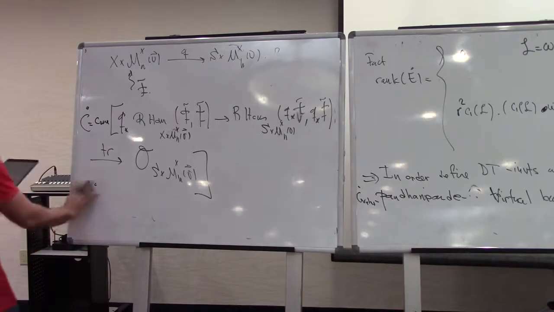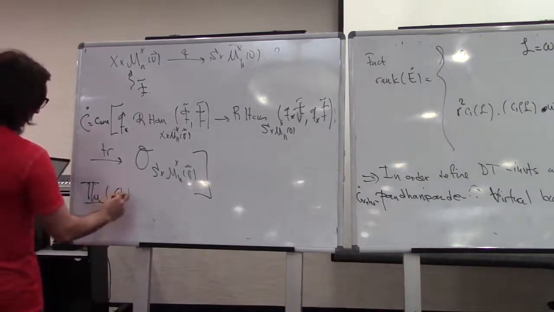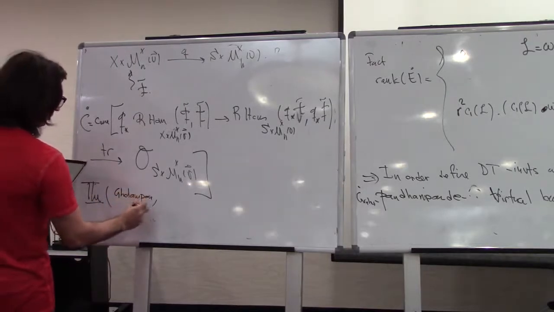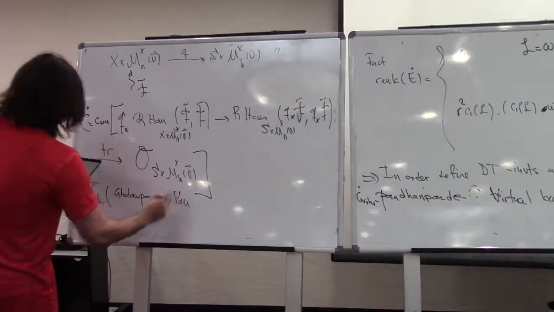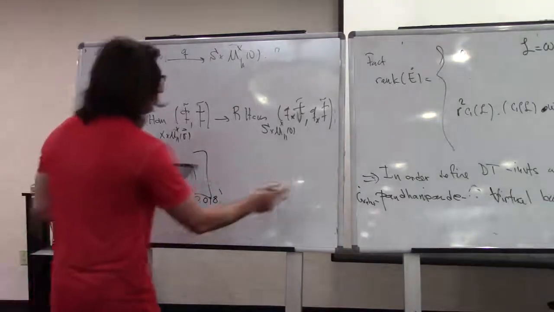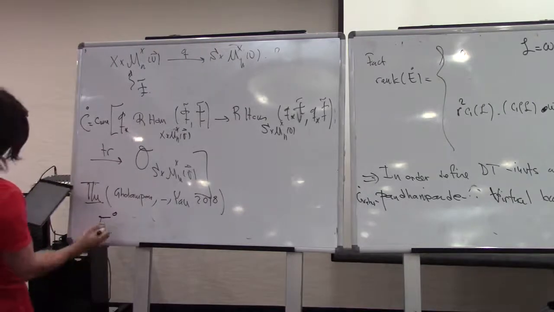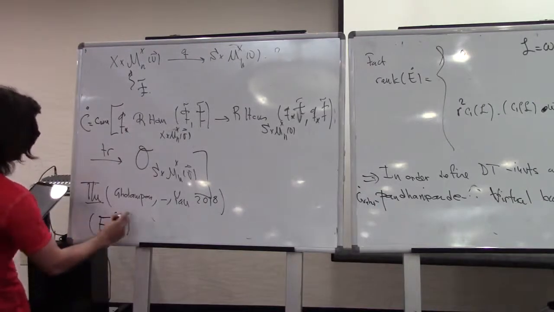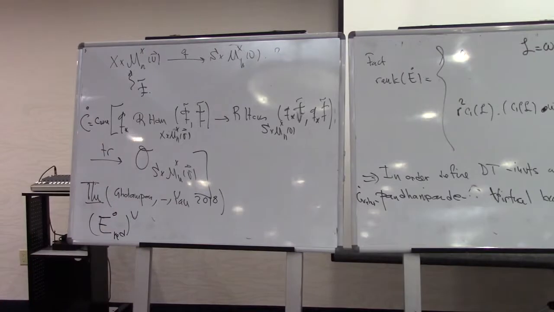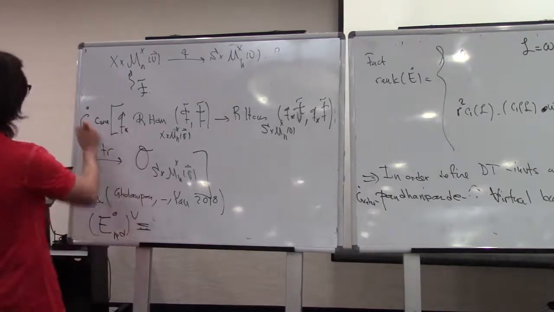And then here's a theorem, which is with Gholampur and Yau. This was in 2018. We showed that the reduced obstruction theory, the dual of the reduced deformation obstruction complex, is given by a certain truncation of this cone.